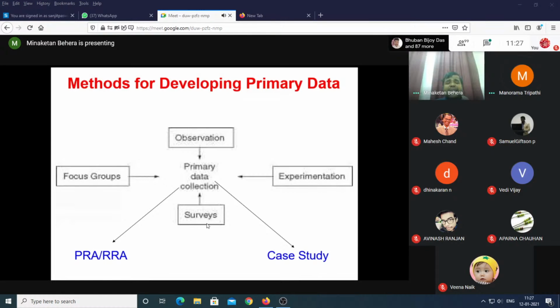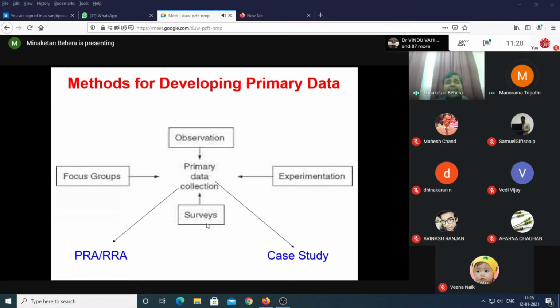Then you can go for the experiment. We are not talking about physical experiments. Those who are in psychology, I will explain this point. Then you can use your field notes, surveys, and case studies. So these are the different methods.